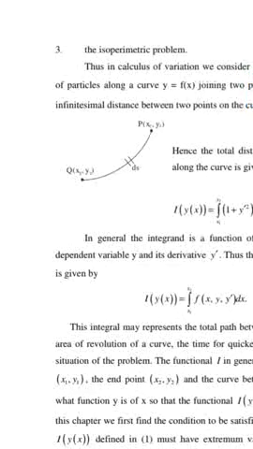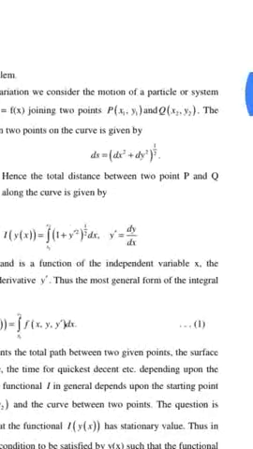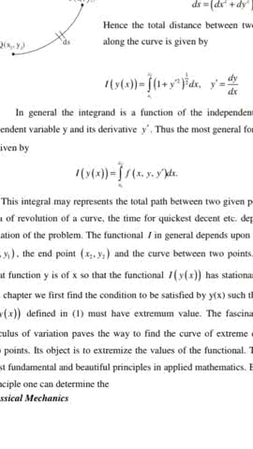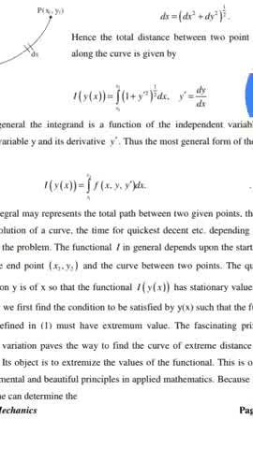Then the distance from P to Q is denoted by ds, and is equal to the square root of, by the distance formula, change in x coordinate dx and change in y coordinate dy, therefore ds is equal to square root of dx square plus dy square.